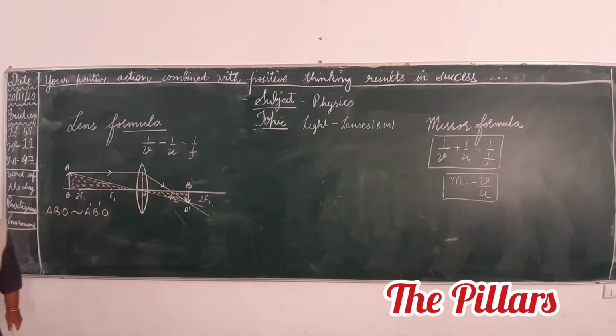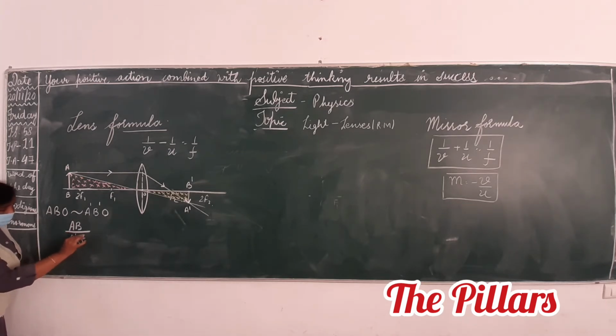Corresponding side. Please see. You should understand the meaning of corresponding side. If I take AB, then what should be the side here? Corresponding, A dash B dash. Very good.